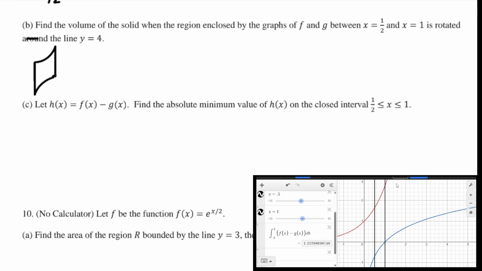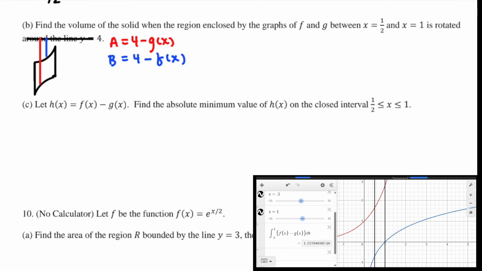Okay, and then we're going to rotate around the horizontal line y equals 4, about like that. Okay, so my large radius is going to be top minus bottom, 4 minus blue, that's 4 minus g of x. And the small radius from 4 to the near side would be 4 minus f of x. And all right, I'm good.